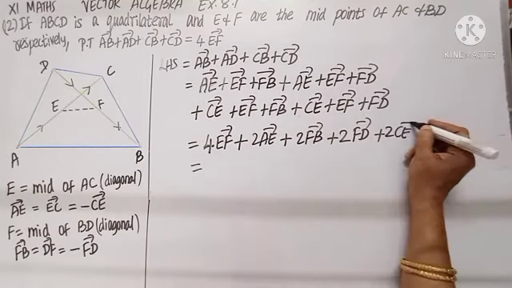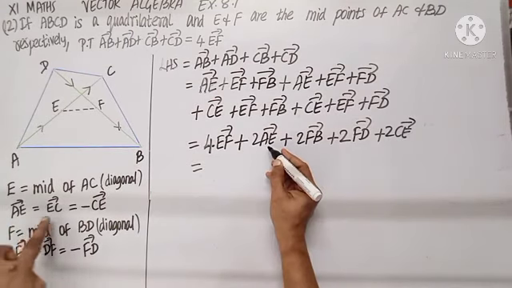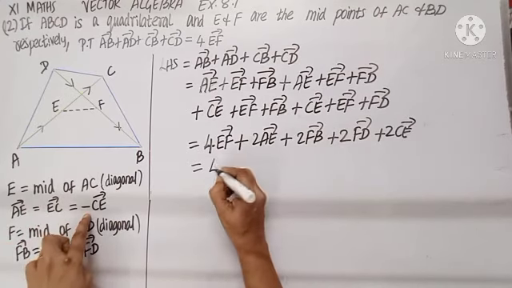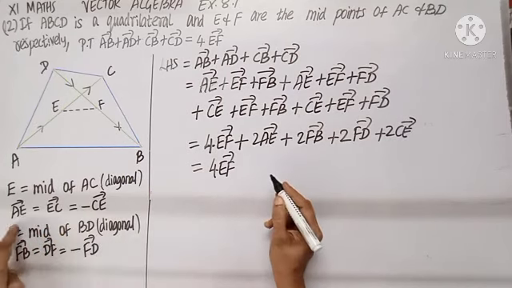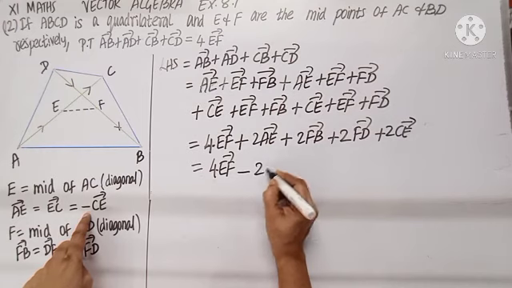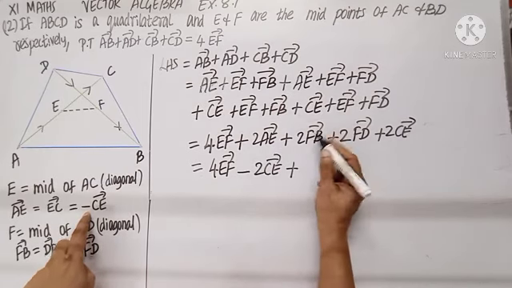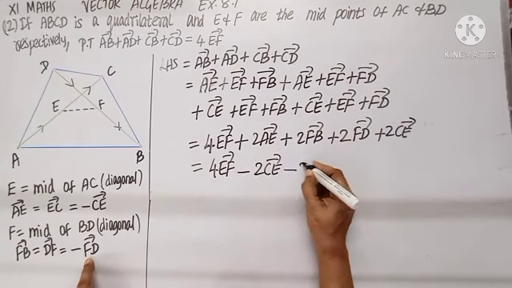We know instead of AE, I can write EC, or if I reverse, plus symbol will become minus. So 4EF, twice AE I am writing minus 2CE. Similarly, FB vector I can write minus FD vector.